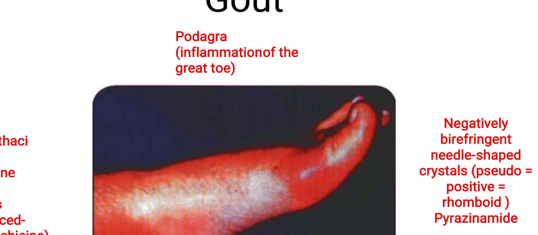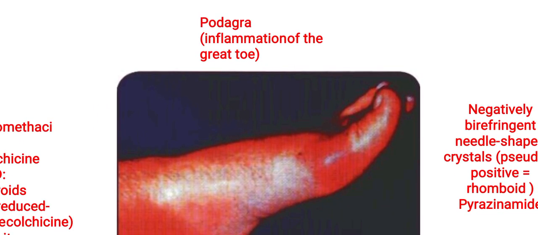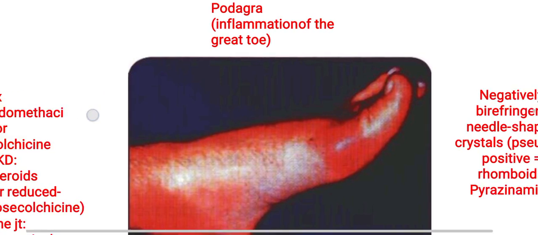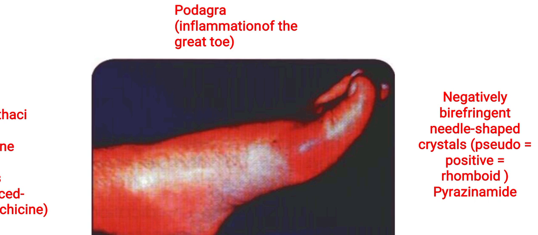This is the case of gout. Inflammation of the great toe is called podagra. Here we commonly see questions on how to differentiate gout and pseudo gout.